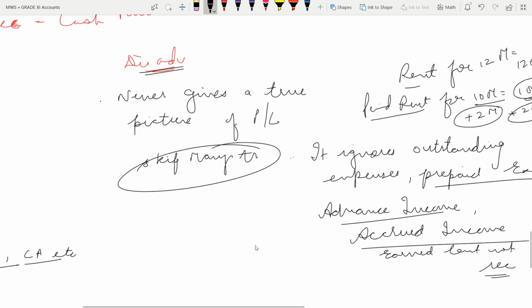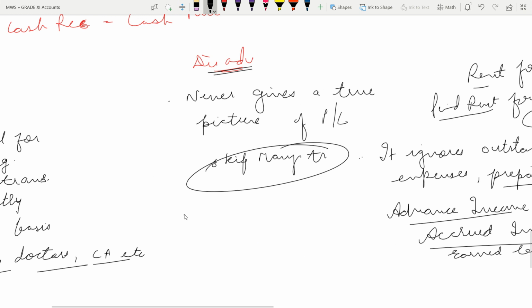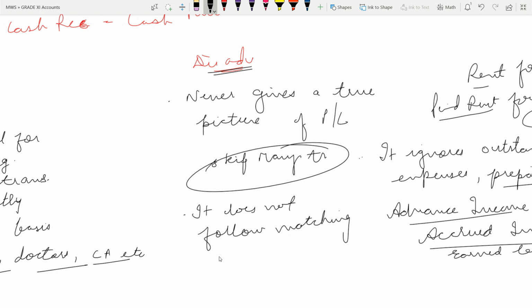So that's why the next point, as you have done chapter number 3, principles of accounting, it does not follow matching principle of accounting.